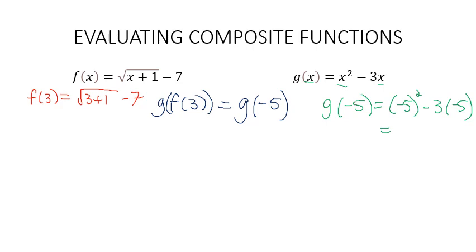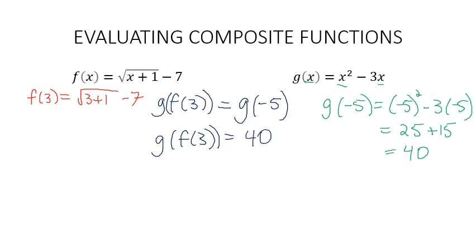Minus 3 times -5 is +15. 25 plus 15 is equal to 40. g of f of 3 was the same as g of -5, which is equal to 40.